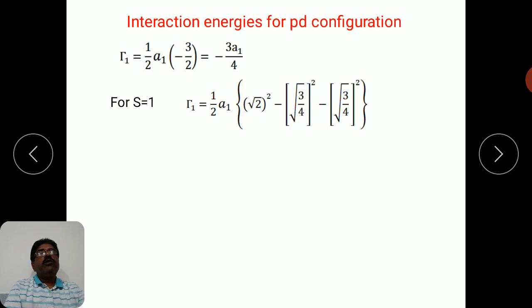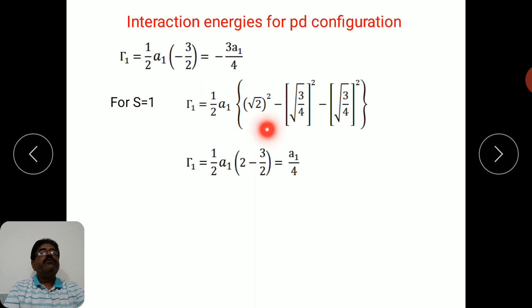And another possible combination is for S equal to 1. If you substitute the same here, 1/2 A1 in bracket, now this should be root 2 square. Root 2 square minus root 3 by 4 square minus root 3 by 4 square. These two terms will remain as they are, and here we have root 2 square, which is 2.